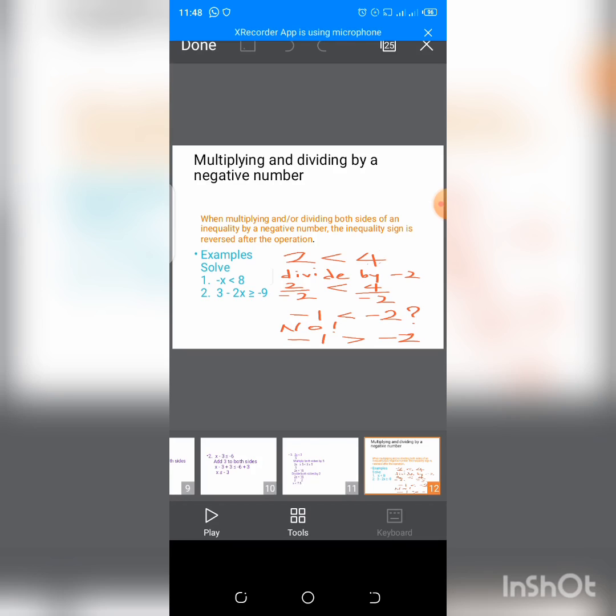So that tells us that when dividing an inequality by a negative number, the inequality sign must be reversed. And please take note of that. That is the uniqueness of inequality. Whenever you multiply or divide both sides of an inequality by a negative number, the inequality sign must be reversed after the operation.